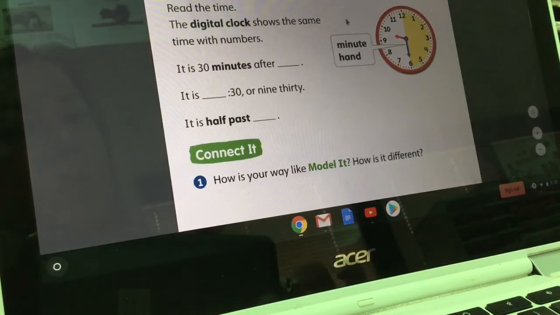It's the same because we were looking at the same times on the same clocks. And both times we said 9:30. The way it's different is because they gave us a couple different ways of saying what we see on this clock here, especially 9:30. We didn't really talk about 9:30 when we were in Model It on the first page.